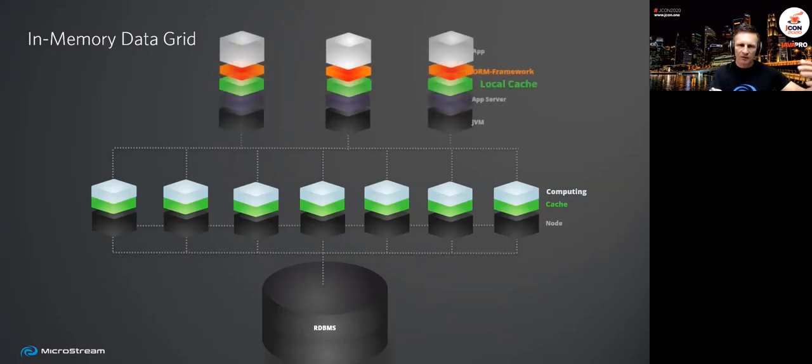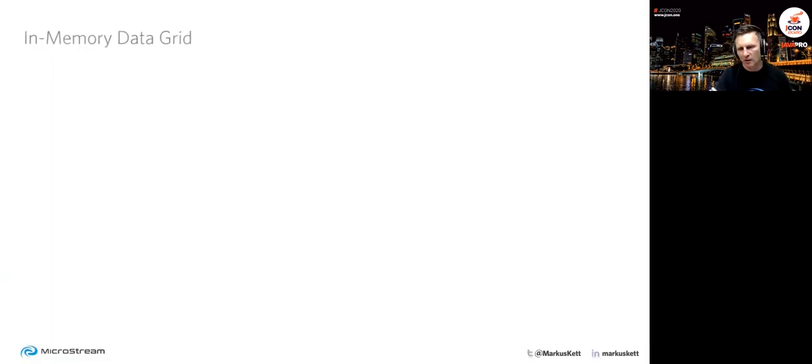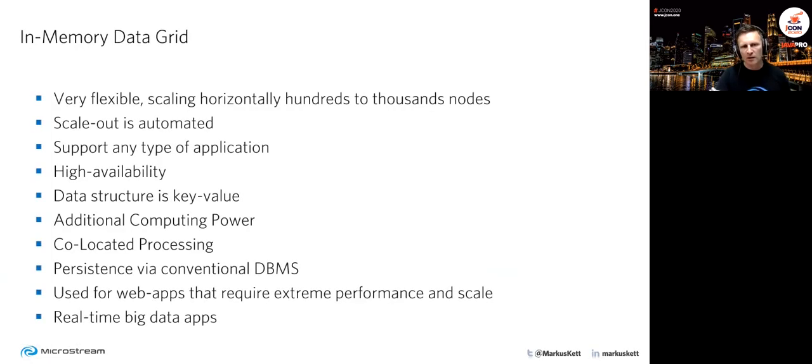And here we can see the architecture is very similar to a distributed cache. And so the advantages are also very similar. You can use an in-memory data grid for scaling horizontally over hundreds or 1,000 nodes. The scale out is automated. And all kinds of applications are supported. So the grid is highly available.